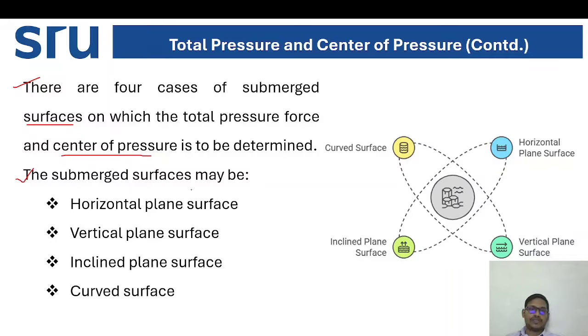The submerged surfaces may be horizontal, vertical, inclined and curved. So it has four types.